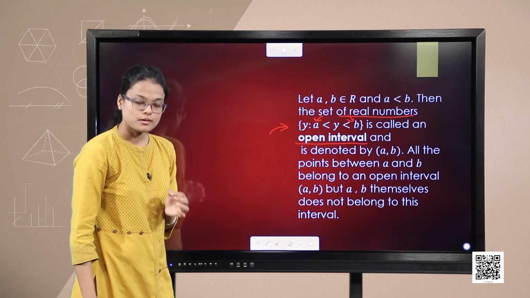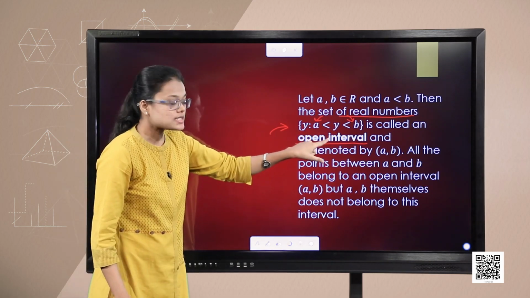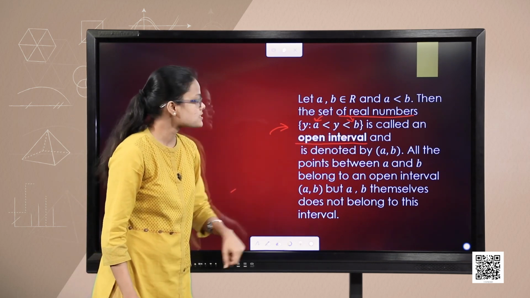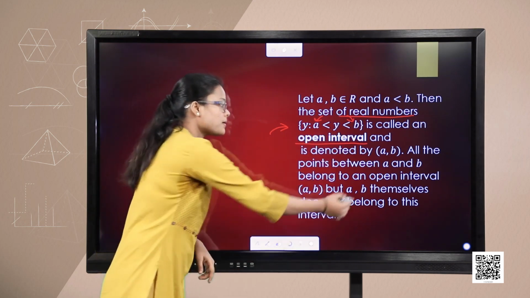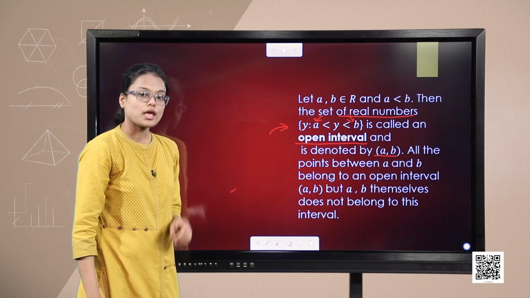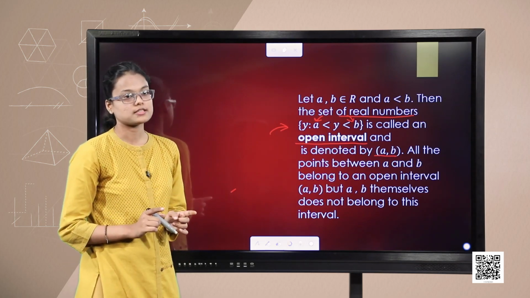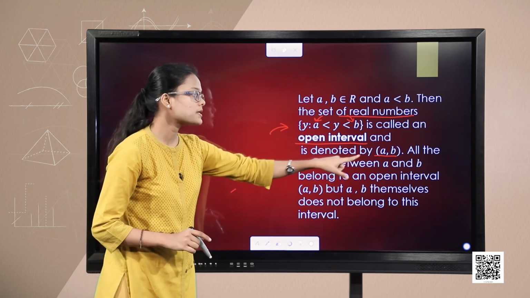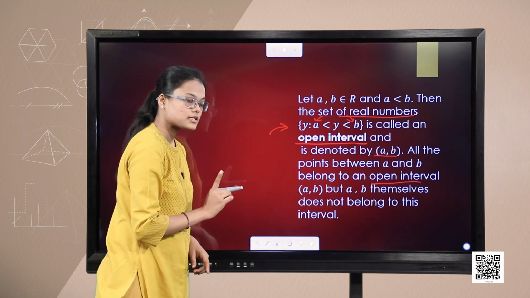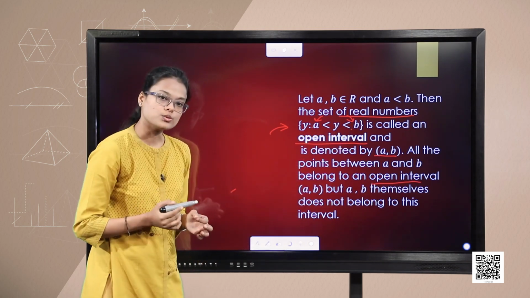Why open? Because the interval is not including the endpoints. It is denoted as (a, b) with curved brackets. All the points between a and b belong to the open interval, but the endpoints a and b are excluded.